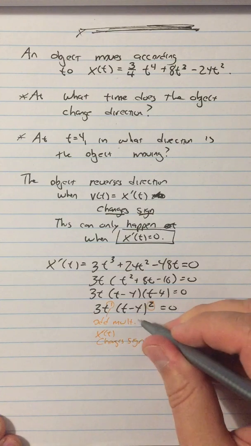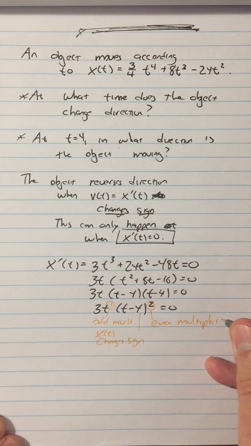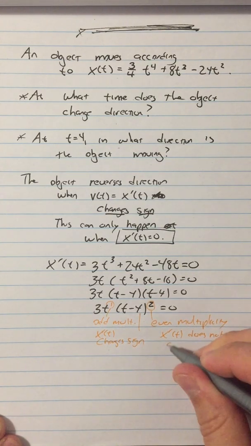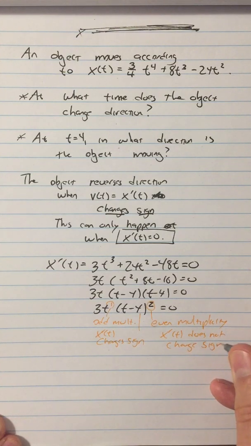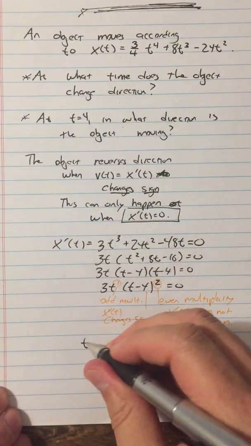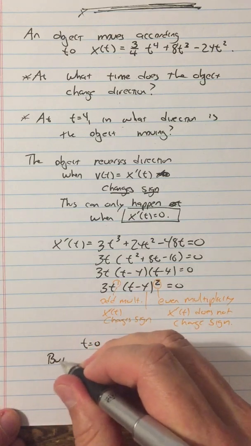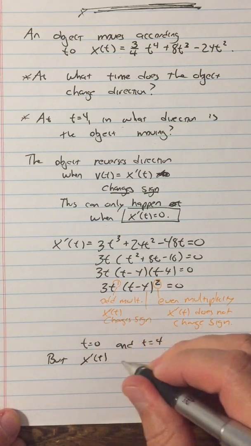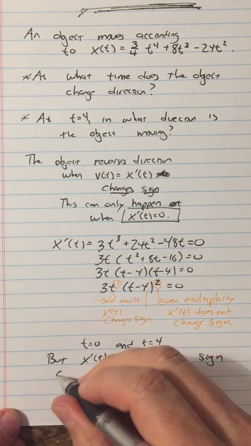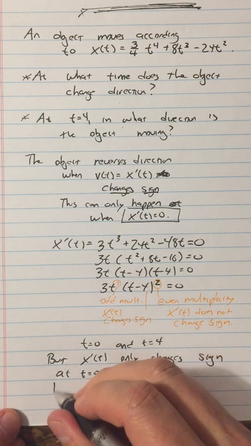But the factor t minus 4 has an even multiplicity, so at that point, x prime of t does not change sign. The solutions to our equation are t equals 0 and t equals 4, but x prime of t only changes sign at t equals 0, not t equals 4.